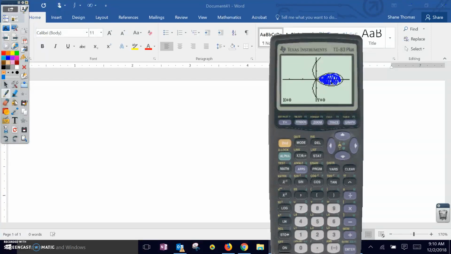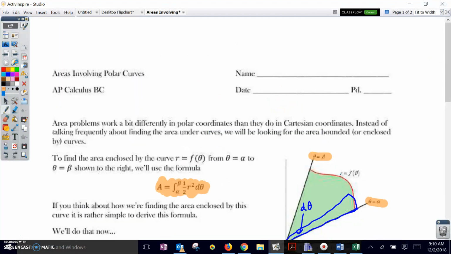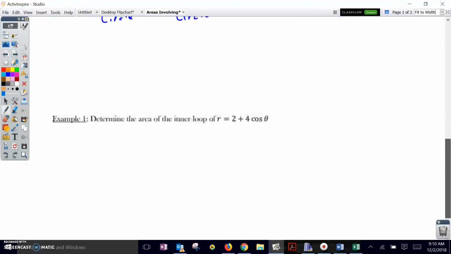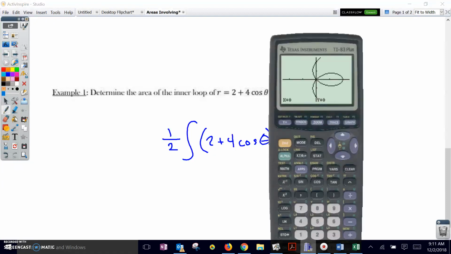Okay? So we know the equation that we're going to use for this loop is the equation that we have from the function. So I'm going to have 1/2 times the integral of r squared d theta. And now all I need is the angle measures for this.